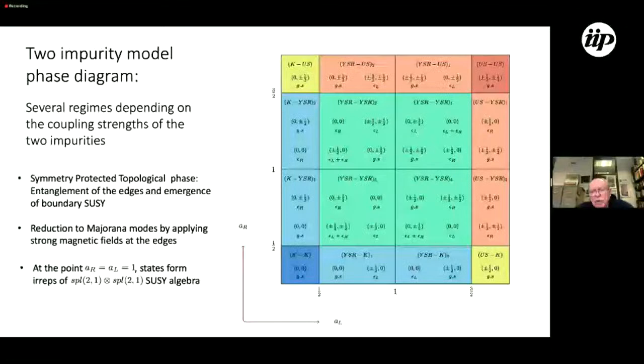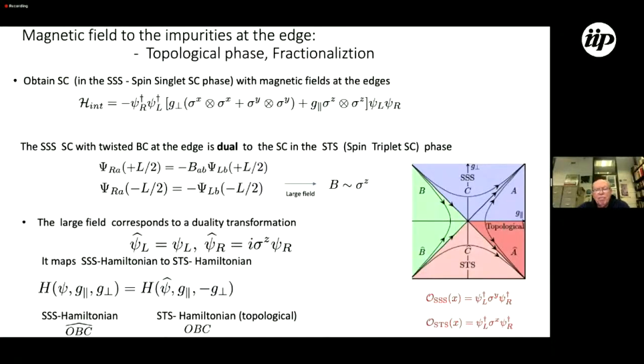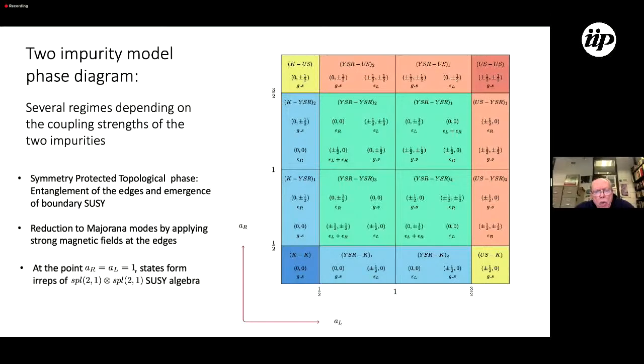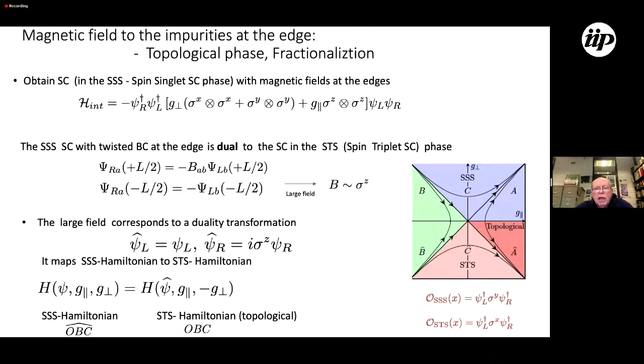But I want to discuss another aspect that I mentioned already in the beginning. What happens when we put a magnetic field on the two edges? So I apply a magnetic field to the left and to the right.